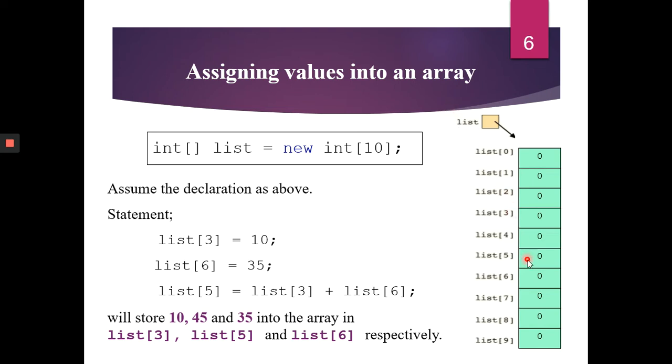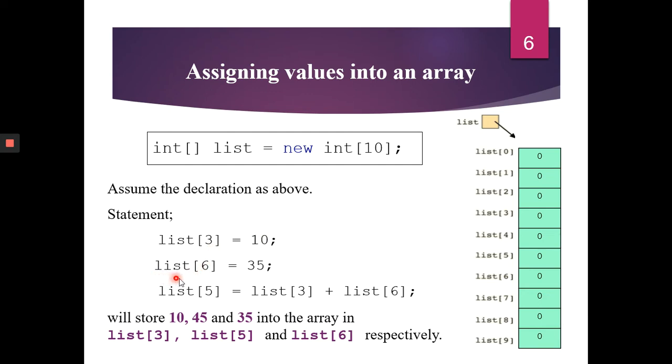So initially, this is the memory status. Now what we want to do is assign value to certain indexes here. So we assign list at index 3 equal to 10. List is our array name, 3 is the index, and 10 is the value that we would like to assign to the index.